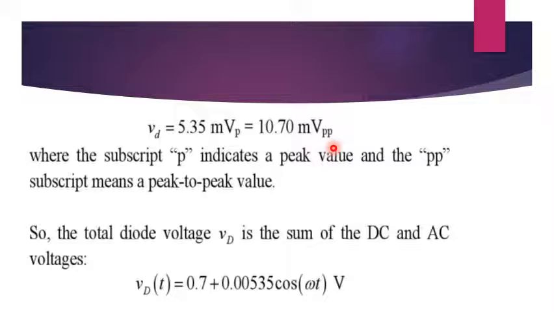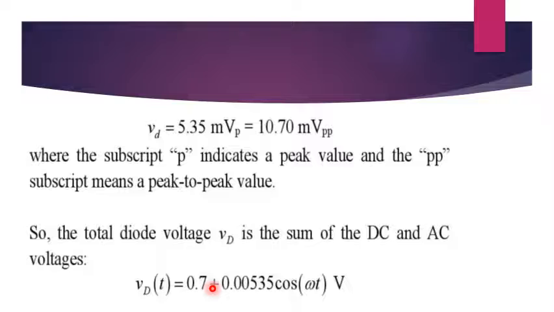Clear? Right. Now the total diode voltage Vd is the sum of the DC as well as AC voltages. So Vd of t is 0.7 plus 0.00535 cos omega t. So at the output I have a DC as well as the AC. Always remember that when we go for DC analysis, don't consider the AC signal.